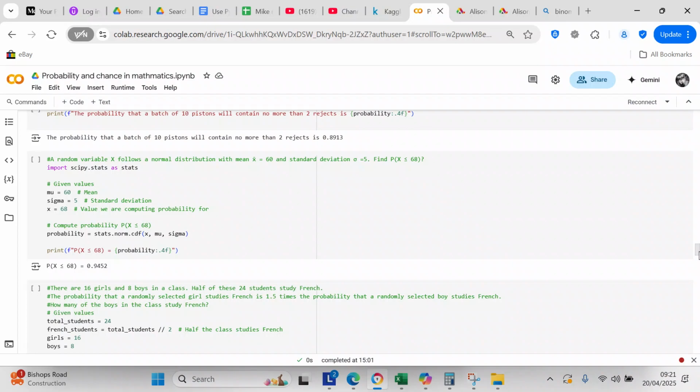So we compute the probability that x is less than or equal to 68. Probability equals stats.norm.cdf(x, mu, sigma). Then we print the probability, and it's 0.9452.